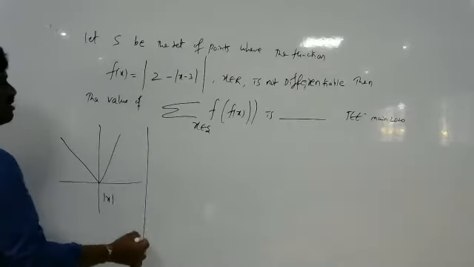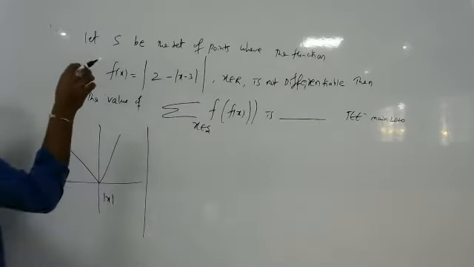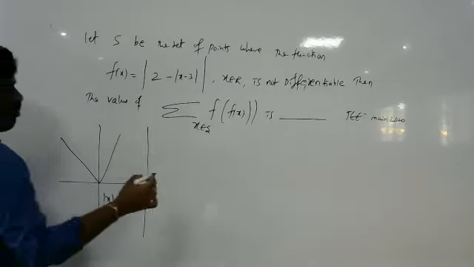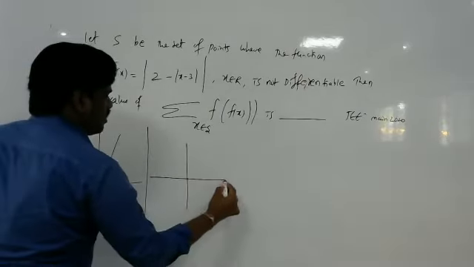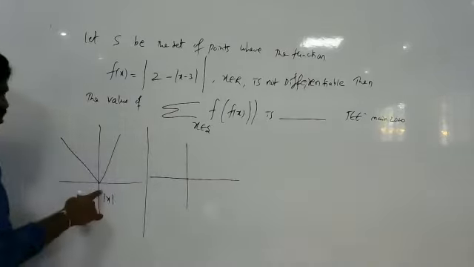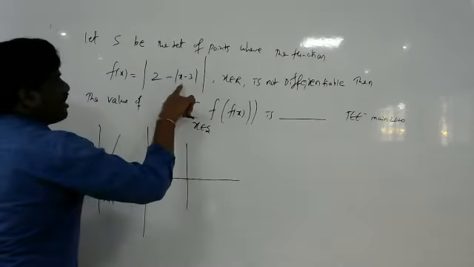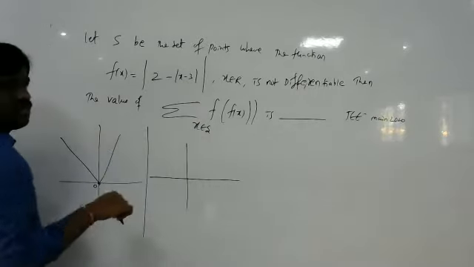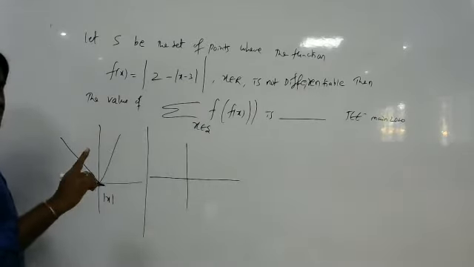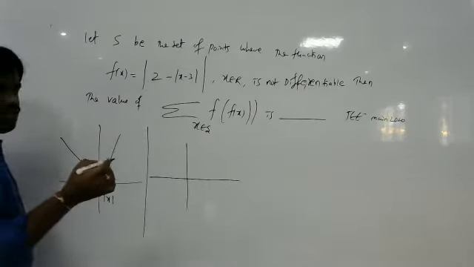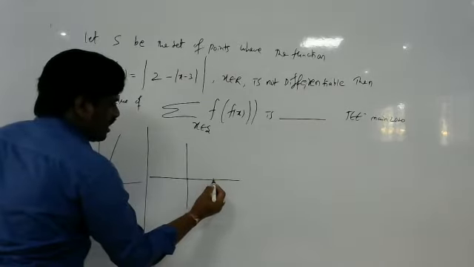And next one is I want mod of x minus 3. We should come from inside to out. What is the graph of mod x minus 3? This is mod x, because it is 0 at the origin. Mod x minus 3 means, what is the zero of x minus 3? x minus 3 equal to 0, x equal to 3. So at 3 we get this shape.